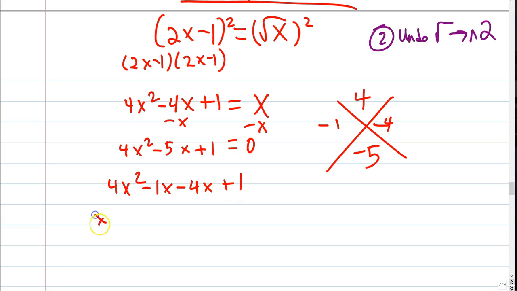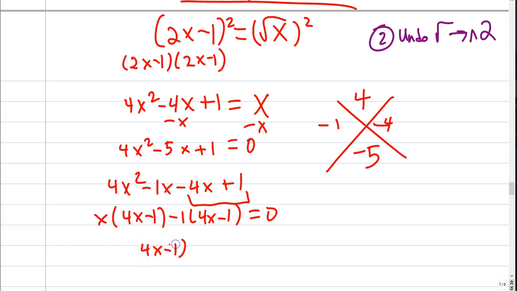These both have an x in common, leaving us with 4x minus 1. These both don't really have anything in common, but when the leading coefficient's negative, we pull it out, leaving it as 4x minus 1. So now these two groups have 4x minus 1 in common and x minus 1. Setting them equal to 0.